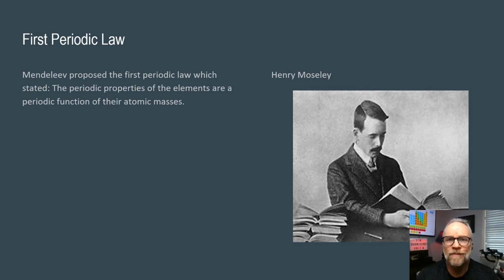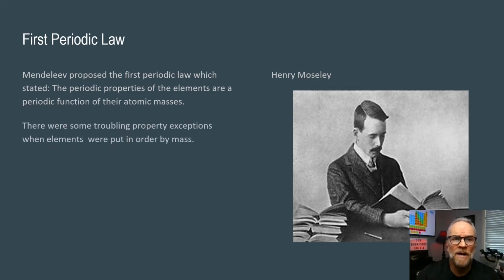Mendeleev proposed the first periodic law, which stated that the periodic properties of the elements are a function of their atomic masses. And this was really a great place to start. And he was, of course, given a lot of credit here. But as they went along, they noticed that there were some problems with the order of the table based on mass. And so there were some exceptions, even with the leaving of blanks for undiscovered elements.